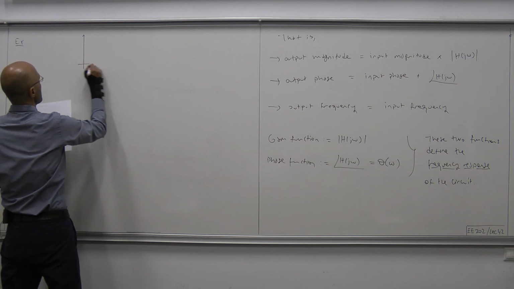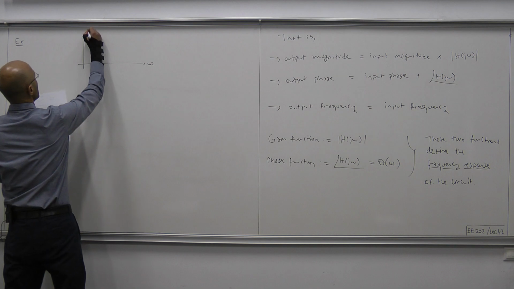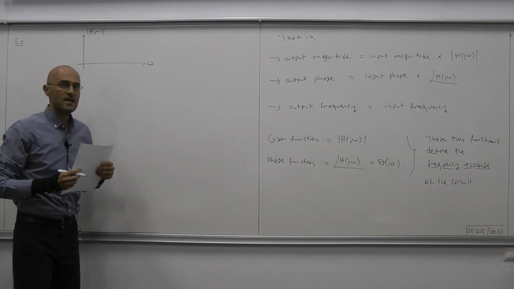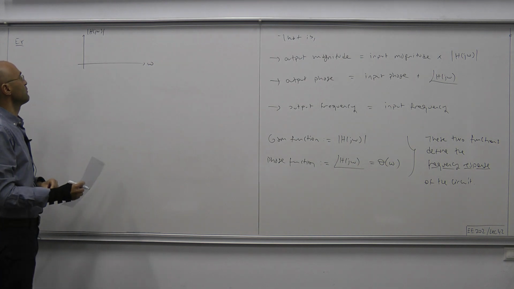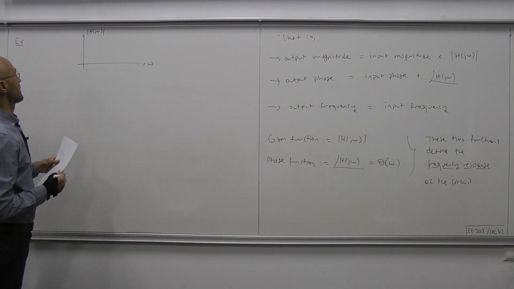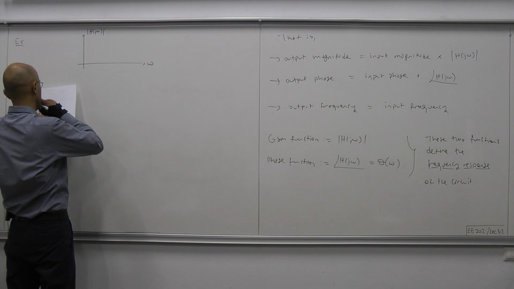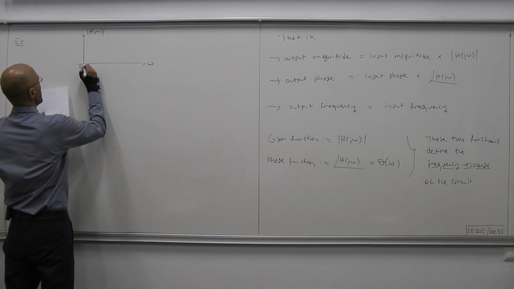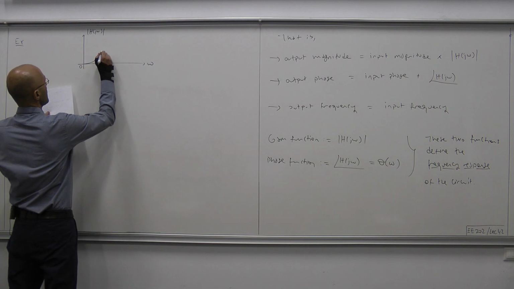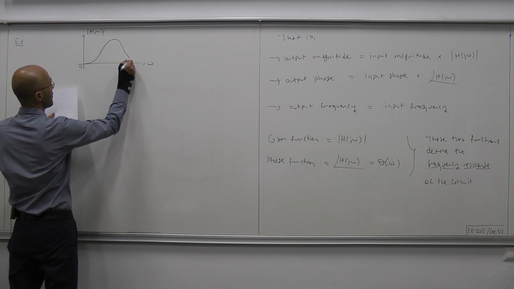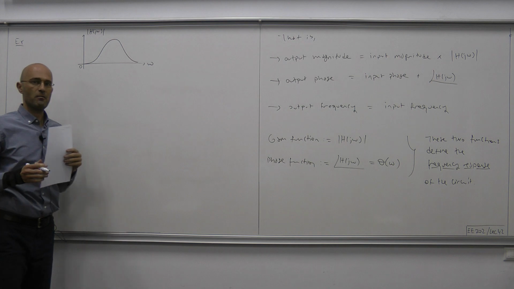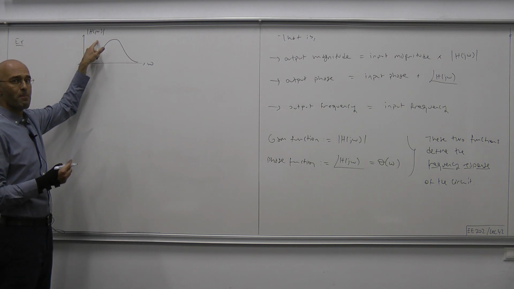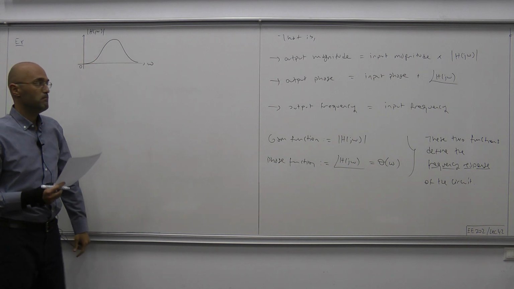Suppose the gain function H(omega) has the following plot, H(omega) with respect to omega. This is 0, and suppose it's something like that. So what does this shape mean?